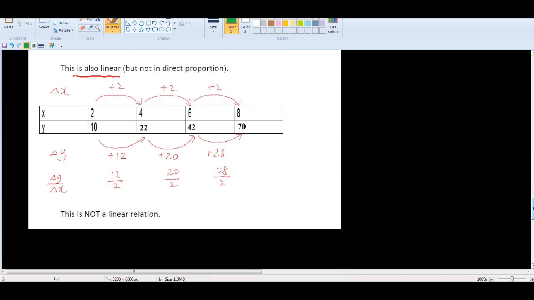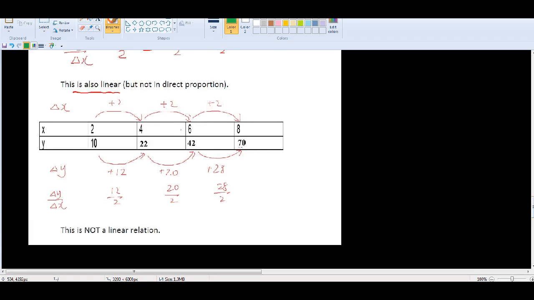Okay, let's have the last one. Here you see x is 2, 4, 6, 8. Each time delta x is plus 2, but when you look at delta y, from 12, 20, 28, you see that when you use delta y over delta x, they are different. 12 divided by 2 is 6, but 20 divided by 2 is 10.